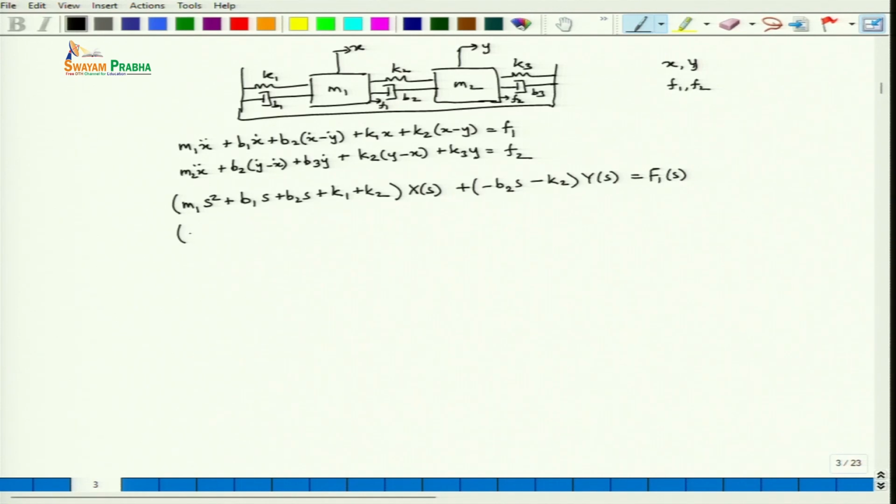Similarly, for the other equation, we can write (m2 s square plus b2 s plus b3 s plus k2 plus k3) times Y(s).